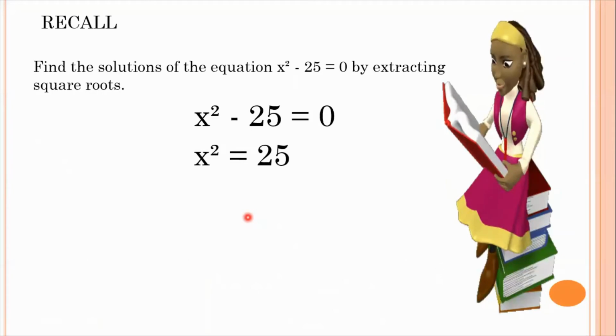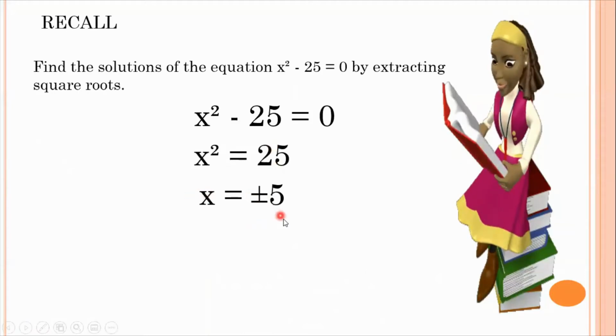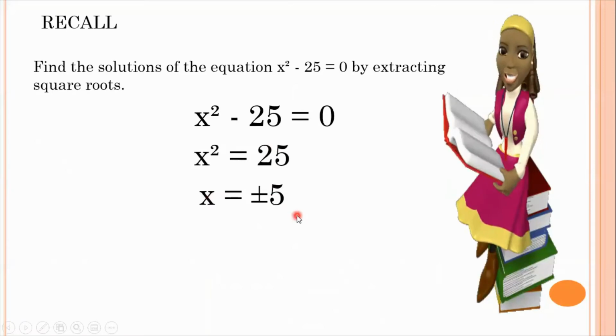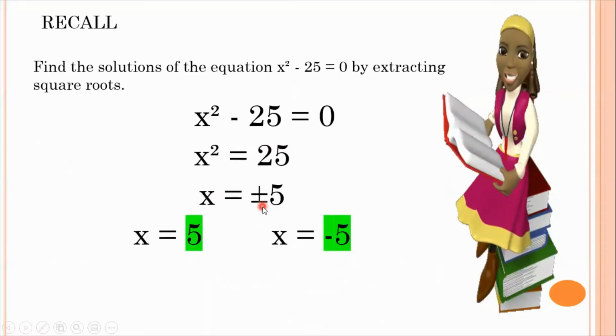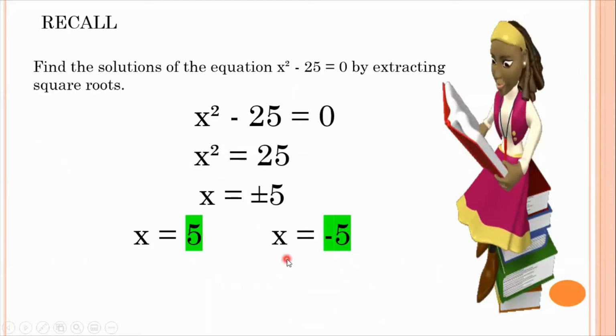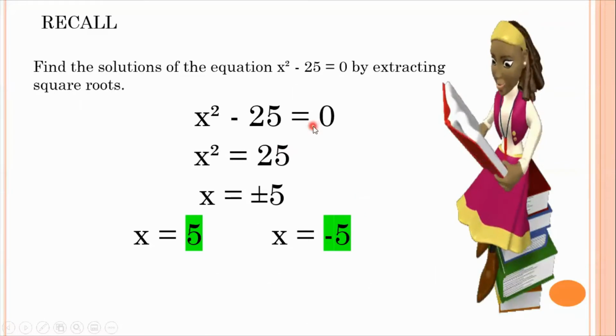And we will use the extracting square root both sides. So, the answer becomes x is equal to positive or negative 5. So, we have two solutions. x equals 5 and x is equal to negative 5. So, that is the solution of x squared minus 25 equals 0.